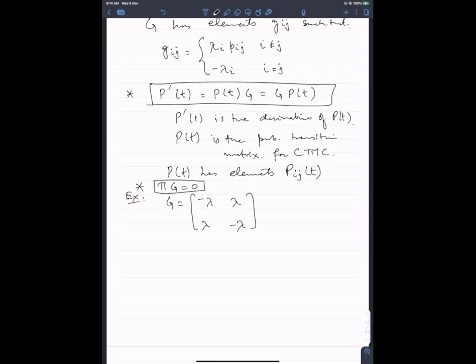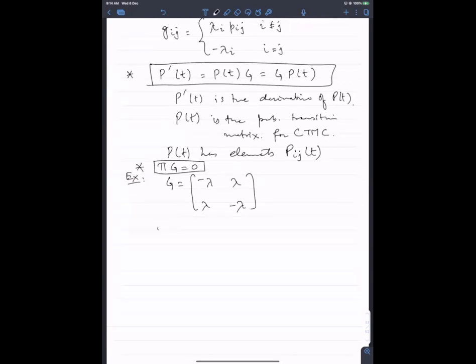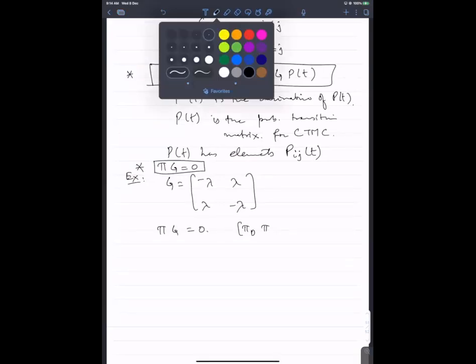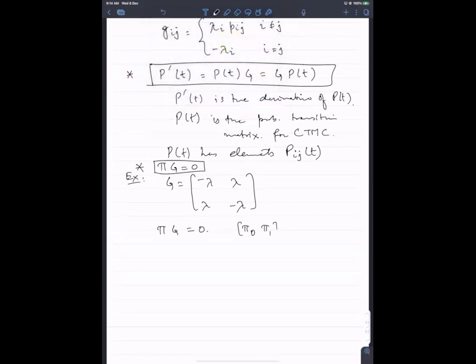Okay. So I have to find the stationary distribution for this guy. And the stationary distribution for this guy is found by putting pi of G is equal to 0, which means if you have pi 0 and pi 1 times G, which is minus lambda, lambda, lambda, minus lambda, this is equal to 0.